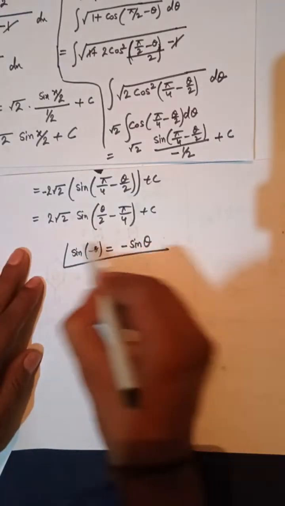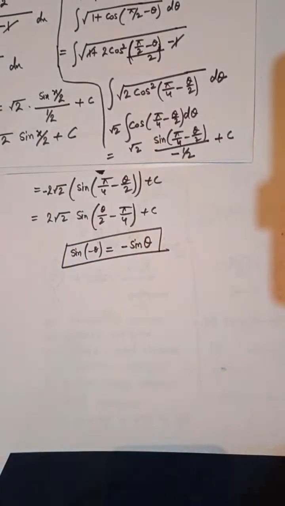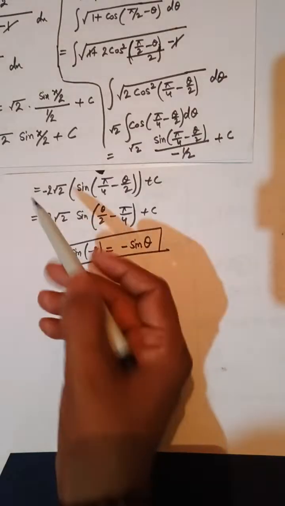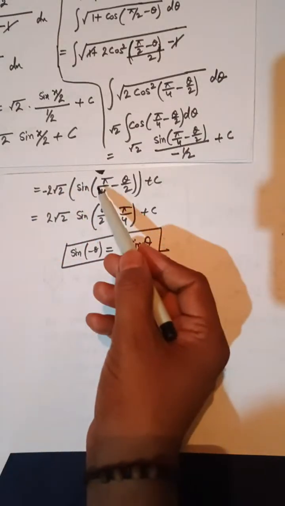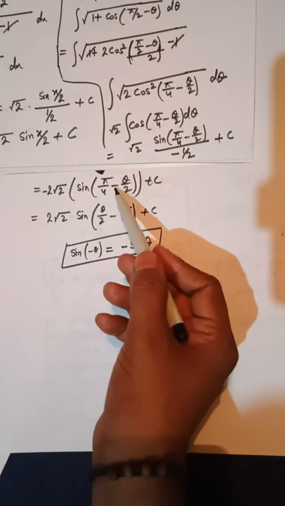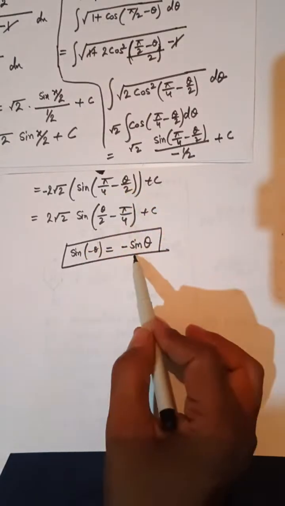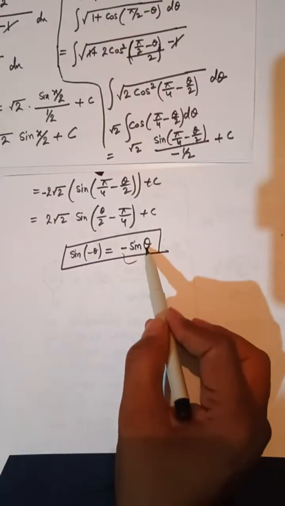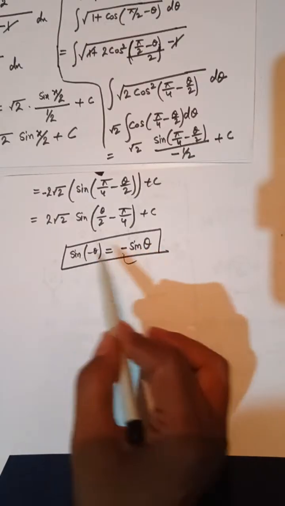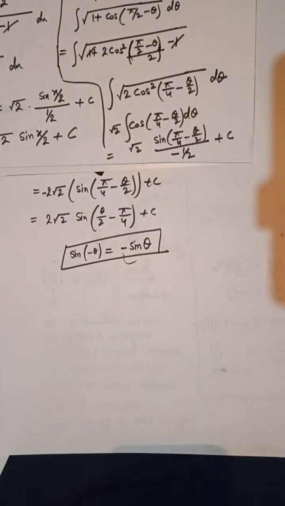I used this concept to get the result. The minus goes inside and multiplies with pi by 4 minus theta by 2, so the sign changes. So up to here we have done it.